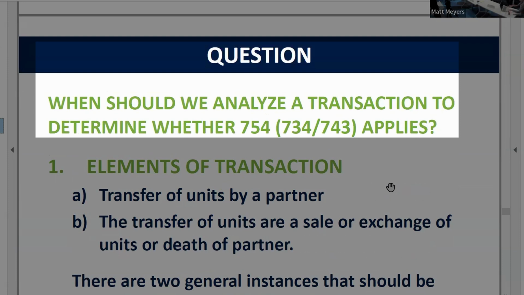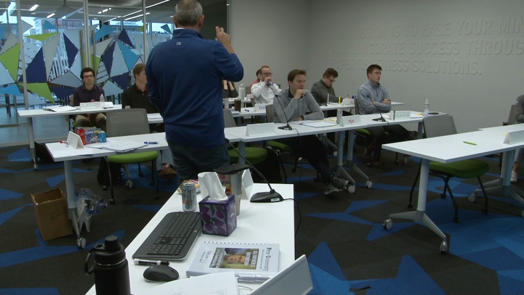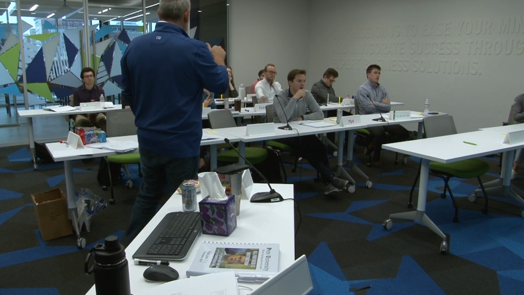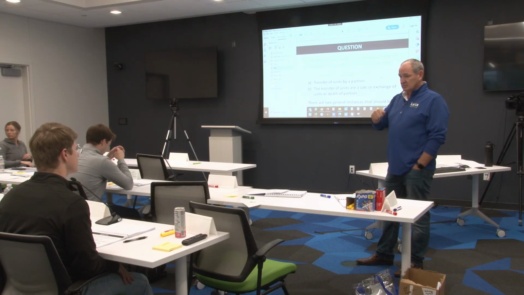So 754 basically states that you have the opportunity to step up or step down the assets of the partnership when you have a partner-to-partner transaction or you have a partner-to-partnership transaction. Okay?